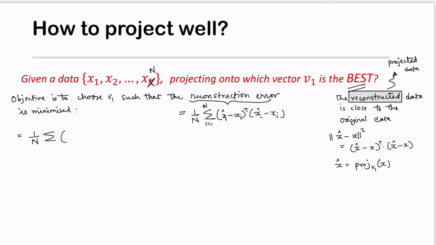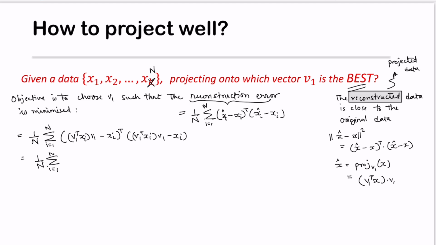Observe that the projection of the data point x onto the vector v1 can be written as v1 transpose x times v1, assuming that v1 is a unit vector. So replacing that in place of xi hat, we will obtain this particular very, very long formula.